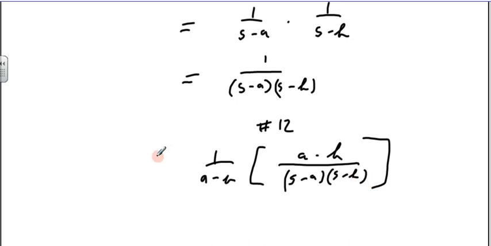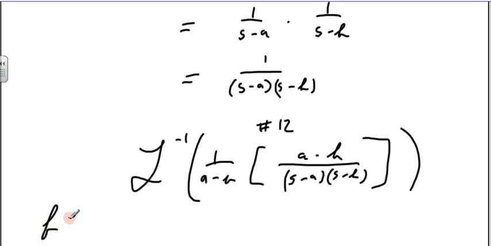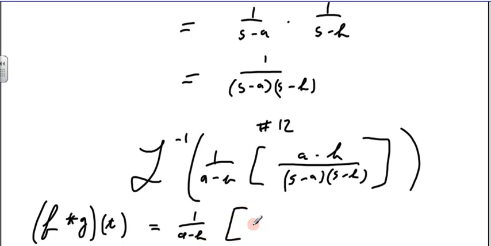I'm going to do an inverse Laplace transform of that, and I'm going to get f convoluted with g of t, and I'm going to have 1 over a minus b times (e to the at minus e to the bt). Okay, so much for problem number 6.